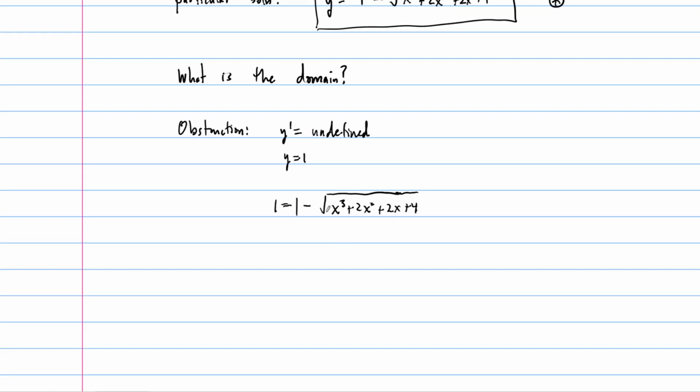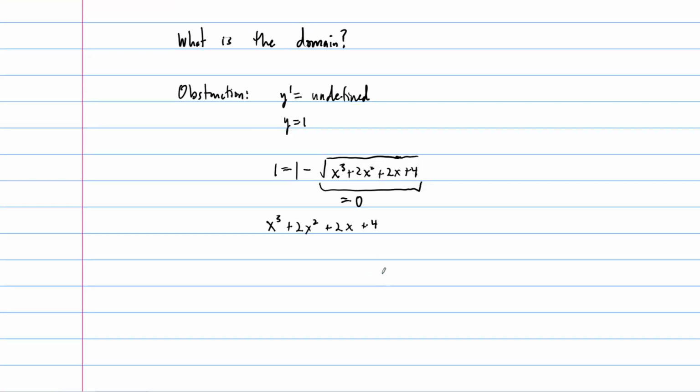Then it's going to happen when this part equals 0, so x cubed plus 2x squared plus 2x plus 4 equals 0. This can be factored by grouping if we need to, but the whole idea is that this will be equal when this is 0.